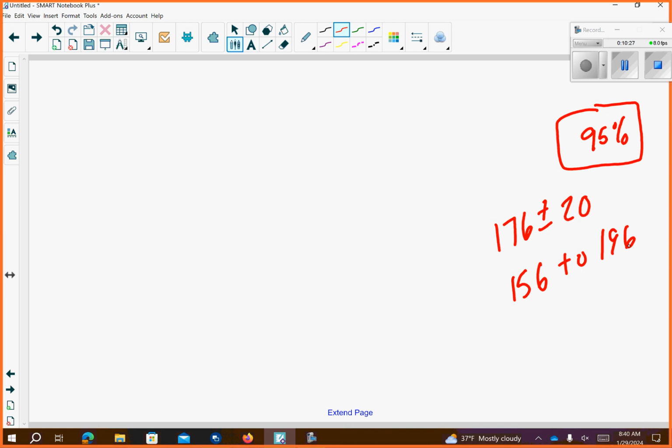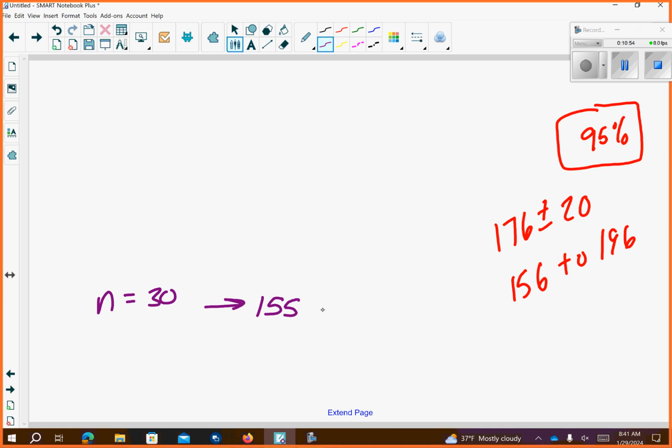Now, let's say we had done another sample. Let's say we took another sample of 30 people. Let's say they came to 155 cholesterol level. Okay? So 30 is a good enough number for a random sample. Agree?